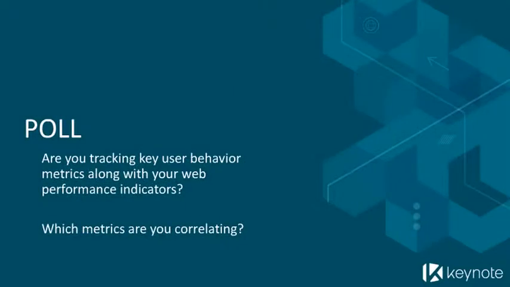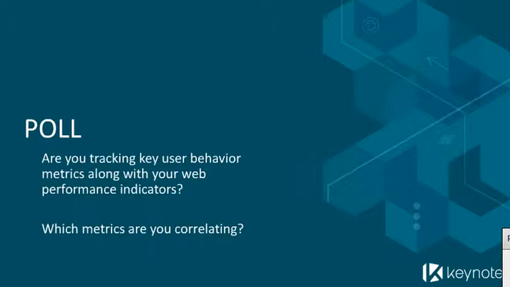So this might be a good point to ask a bit of a question to the audience and get some feedback. So we thought we would ask you a question in the form of a poll as to whether or not, in the way in which you are delivering your digital services today, you're thinking about things the same way and in fact measuring both key user behavior metrics, measurements of how people are interacting with your digital assets, whether they be mobile applications or your web applications, along with the performance measurements associated with the delivery of those assets.